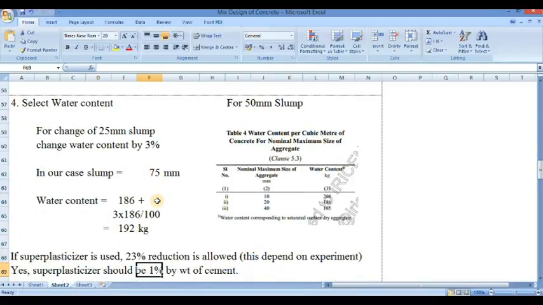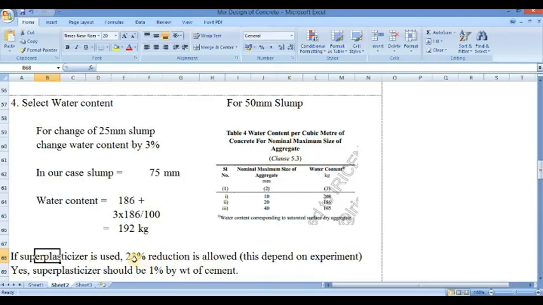Now we are going to use the admixture, the super plasticizer. The code says that if you use 1% by weight of cement, say you are using 100 kg of cement and 1 kg of super plasticizer, that is 1%.